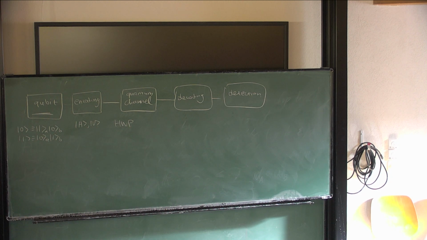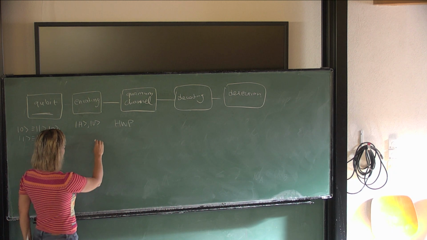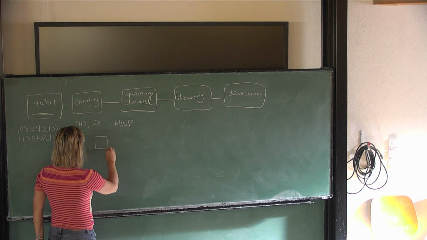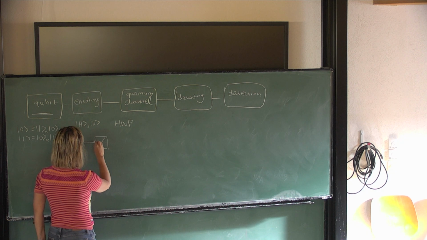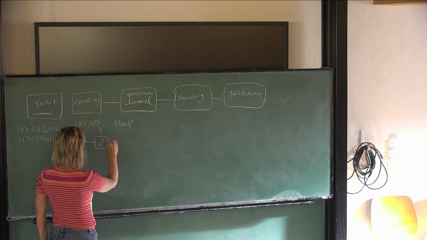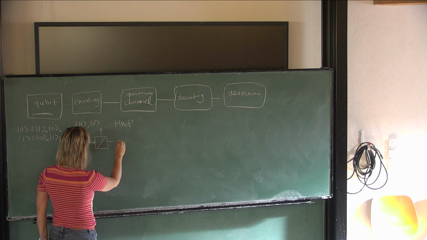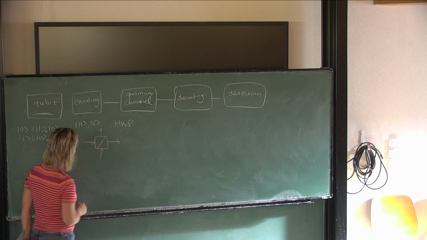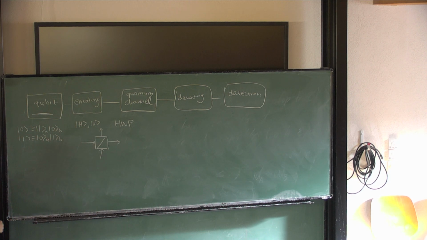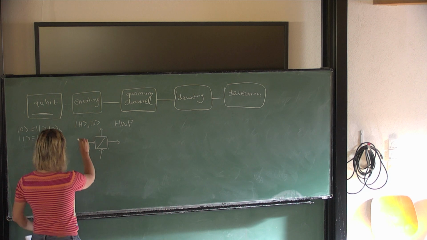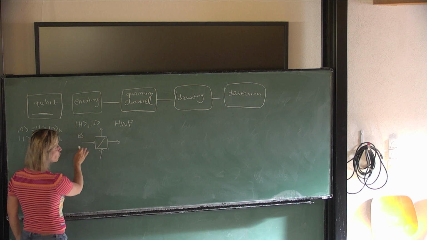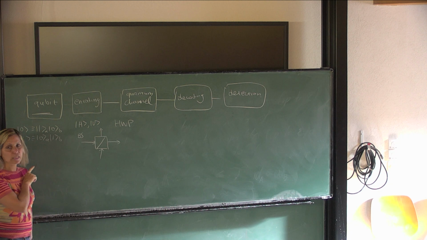And then other optical components that we use really a lot in practical implementations of QKD are the beam splitter. Okay, the very easy one. So this is a 50-50 beam splitter. I'm going to show you a little bit more in detail this particular optical component.